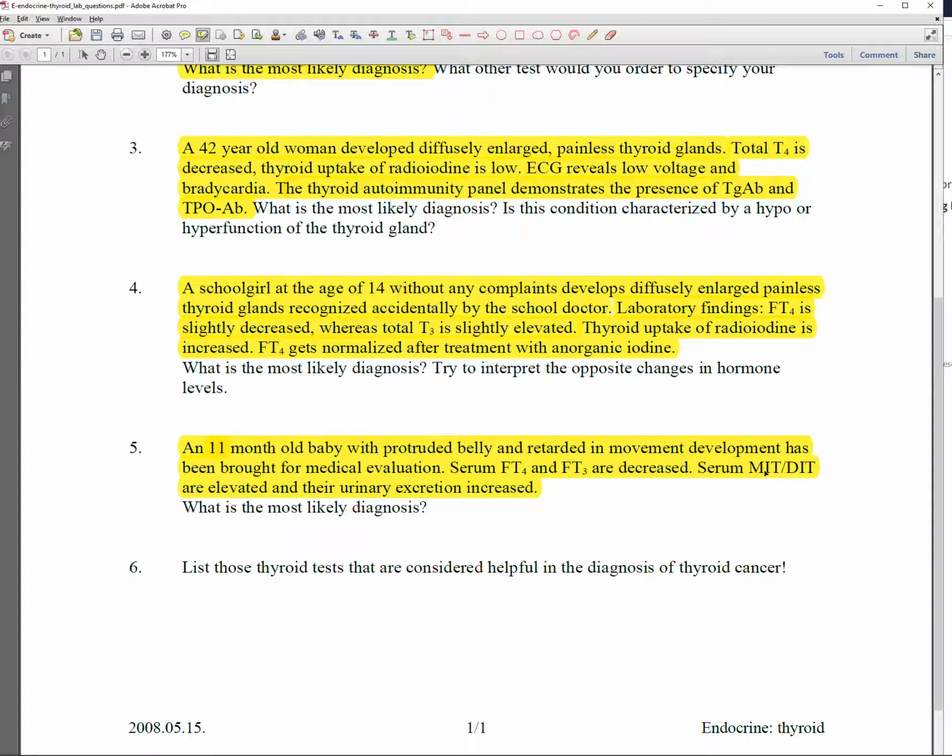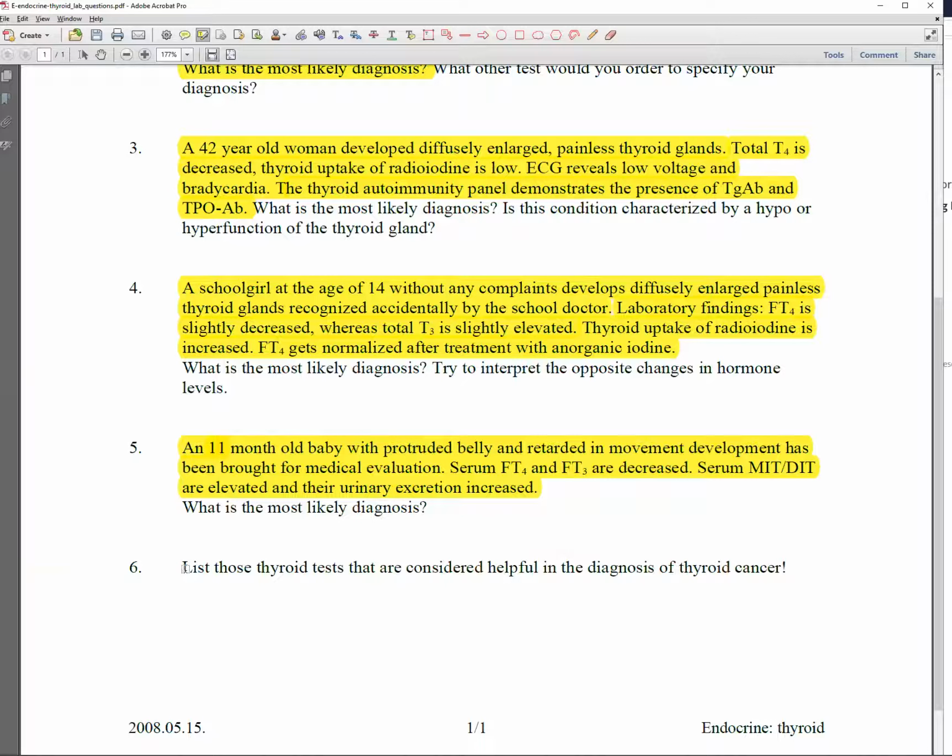This is why the monoiodinated tyrosine and the diiodinated tyrosine are very high. So the organification of the iodine is failing. That's a hereditary problem, and that can cause cretinism, but this is not happening for sure. I think this question won't be given.